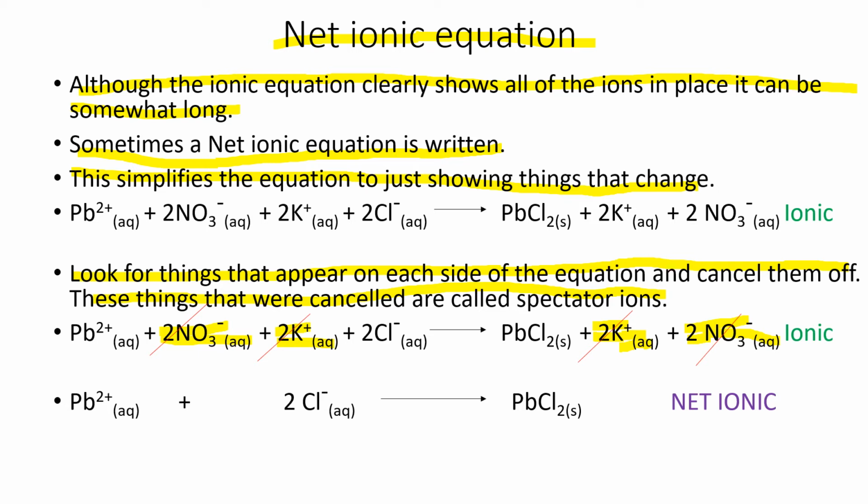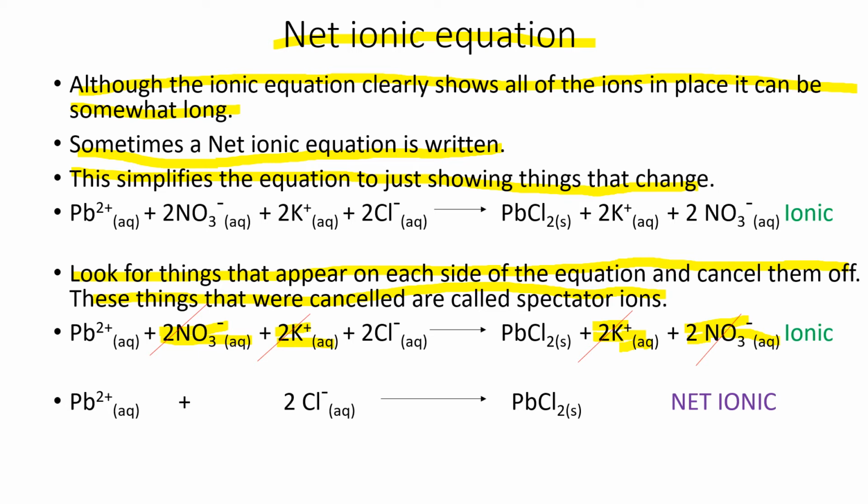Now, when you cancel in math, it's a little bit different than what we're showing when we're canceling here. When you cancel off something in math, you completely get rid of it. It doesn't exist anymore. That's not what's happening here. Here we're not getting rid of it. There are still nitrate ions present. There are still potassium ions present.